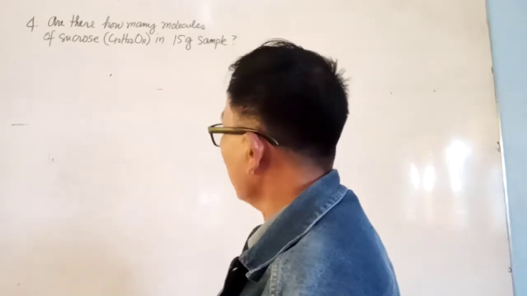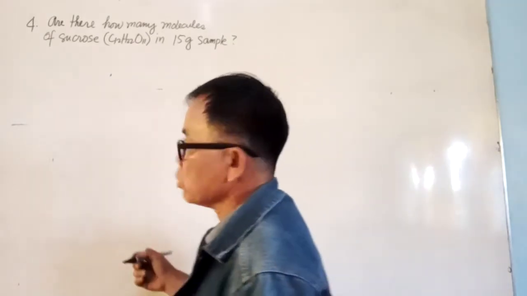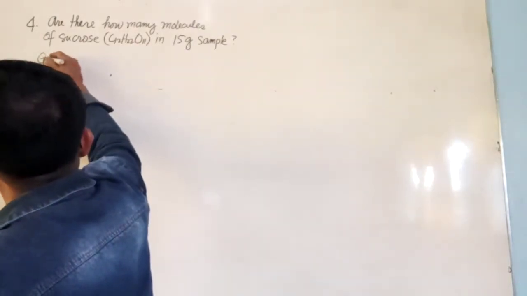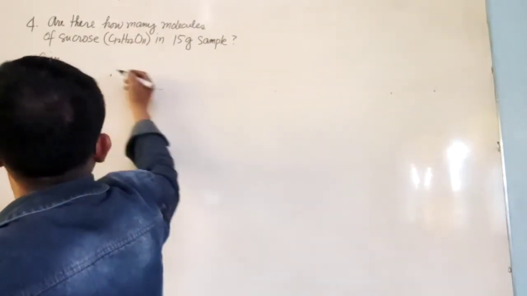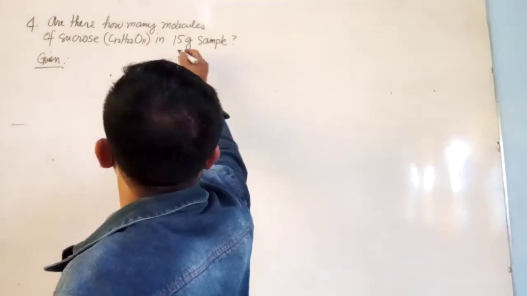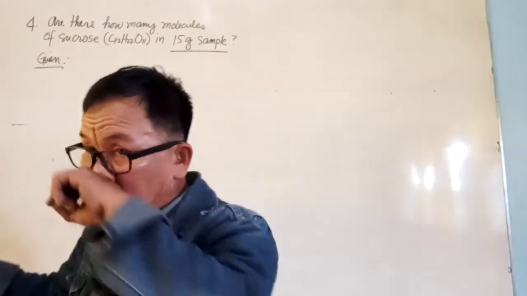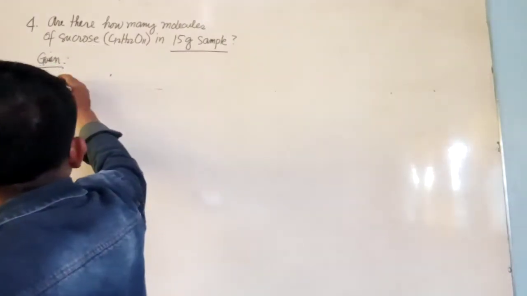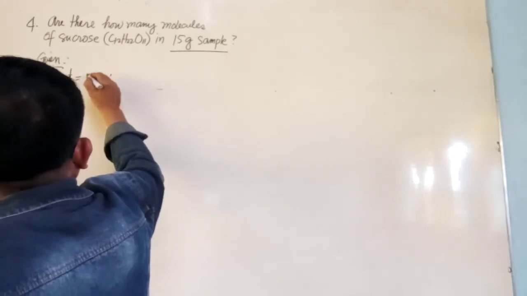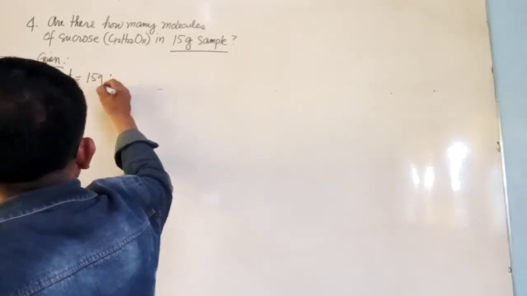Now, what we are going to do this time is find the given. From the problem, you are given a 15 gram sample of sucrose. That is the given weight, 15 grams.